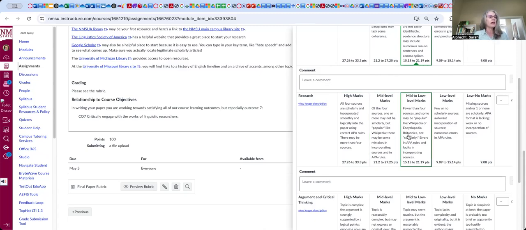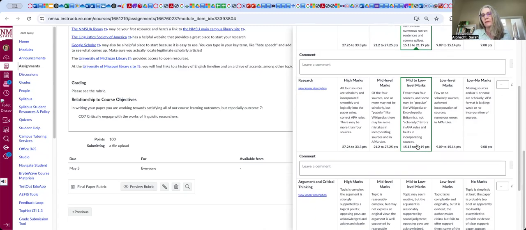Notice that here you've got, for mid to low level marks, fewer than 4 sources, there are 8 errors in your APA, or there are issues with how you incorporated the sources into your paper. So again, if you're having a lot of APA issues and or you're missing sources, it affects the grade on this component of your paper pretty quickly.